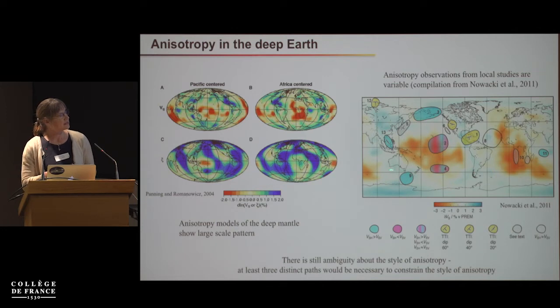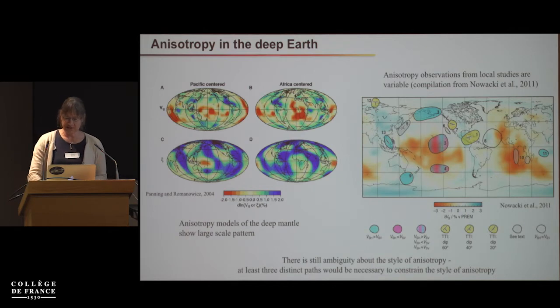And you can see lots of different styles of anisotropy here in this compilation. So sometimes you have SH faster than SV, or SH slower than SV, and Anna talked about this before. But you also have regions where you have very diverse observations. For example, here in the Pacific, where you have everything, apparently. You have tilted anisotropy and so on.